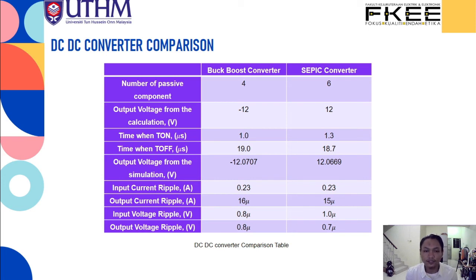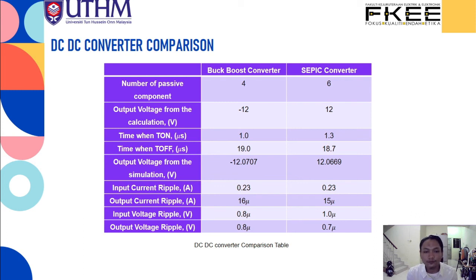This is the switching frequency for the time on for the buck boost converter. The T on for the buck boost converter is 1 microsecond, and for the SEPIC converter is 1.3 microsecond. While the time off for the buck boost converter is 19 microsecond, and for the SEPIC converter is 7 microsecond.